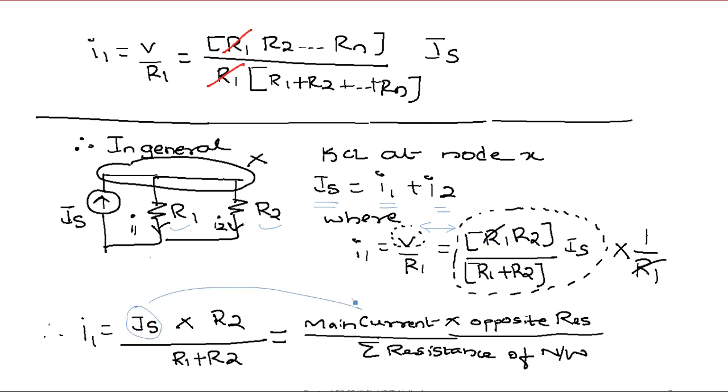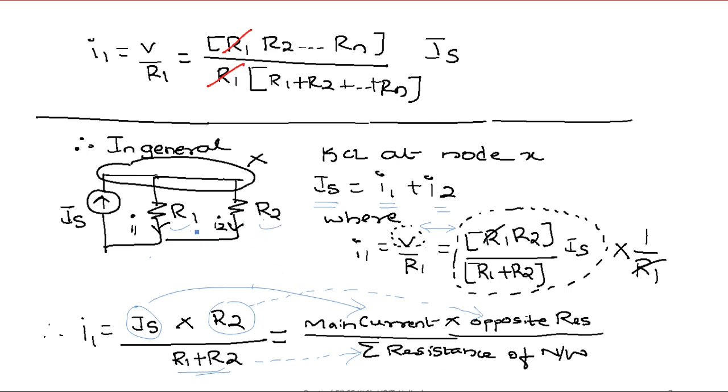multiplied by the opposite resistance, divided by R1 plus R2. This R1 plus R2 is the summation, the total resistance of the network.